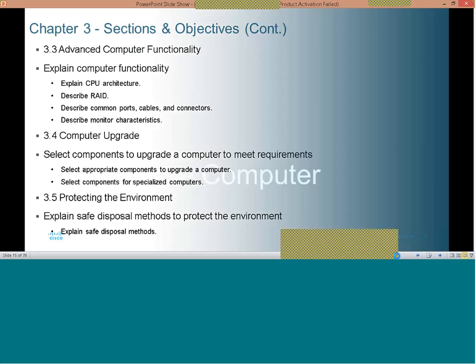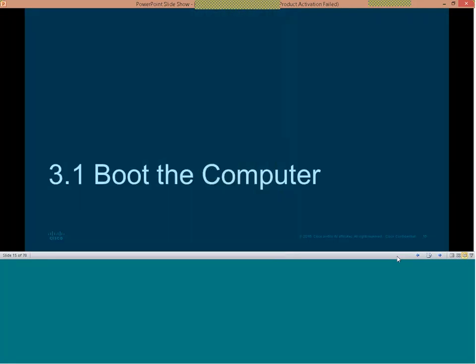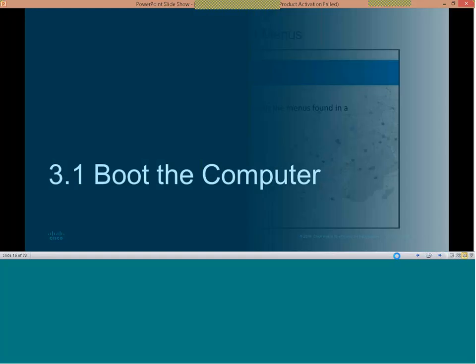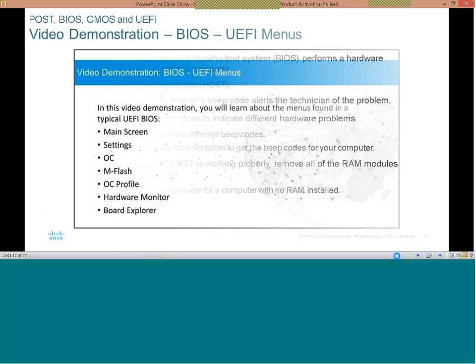Okay, so looking at the first subtopic here, which is boot the computer. When you boot the computer system, it goes through a number of stages. And usually it is being described as the POST. The POST is the power on self-test.